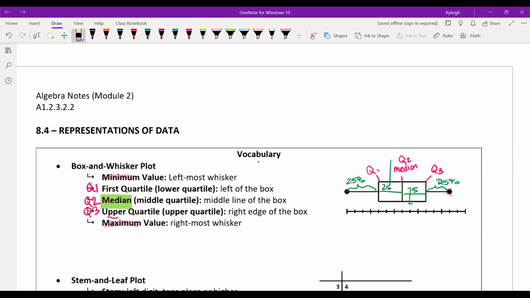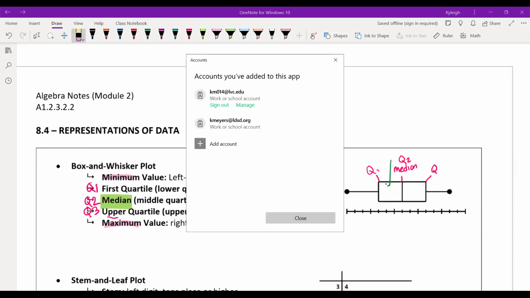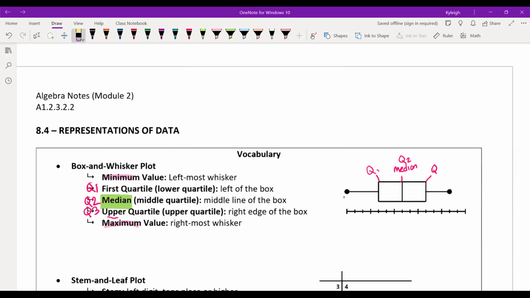There's another thing called interquartile range, which hopefully you know inter means inside. So we're talking about inside here. So interquartile range, we're going to write that down. Interquartile range is Q3 minus Q1, because remember, range is subtraction.